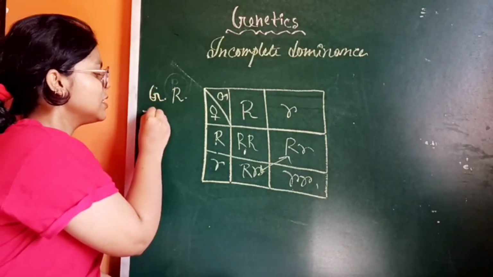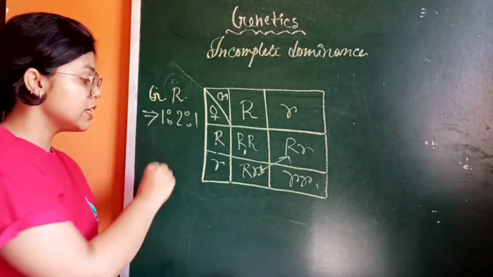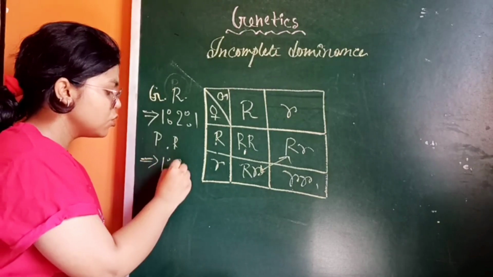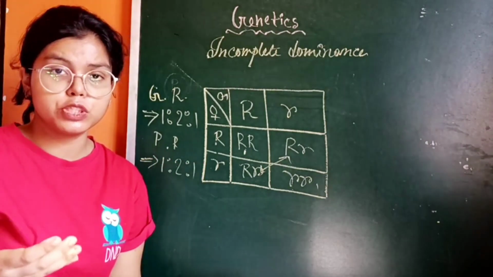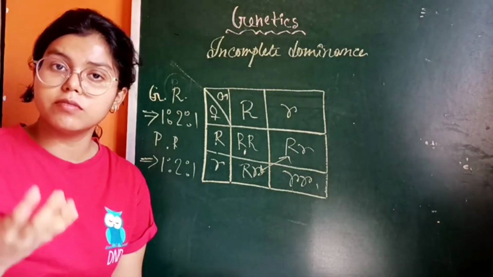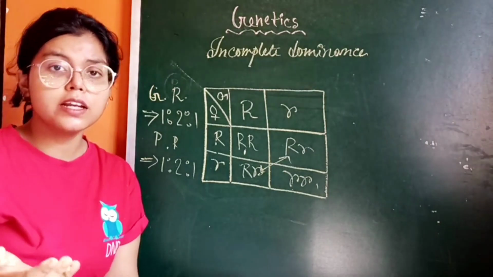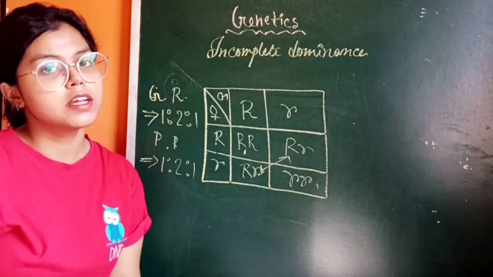So this is 1:2:1, and the phenotypic ratio is also 1:2:1, because Correns got 25% flowers with red color, 25% flowers with white color, and the remaining 50% pink in color.